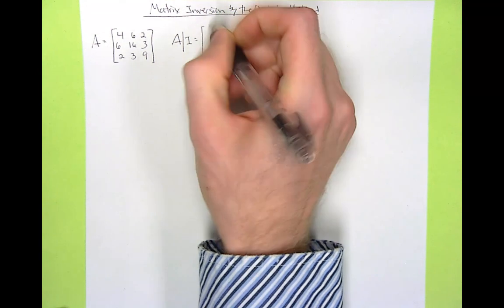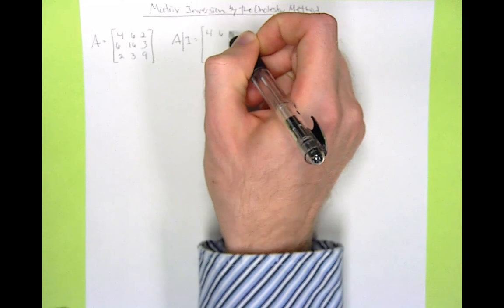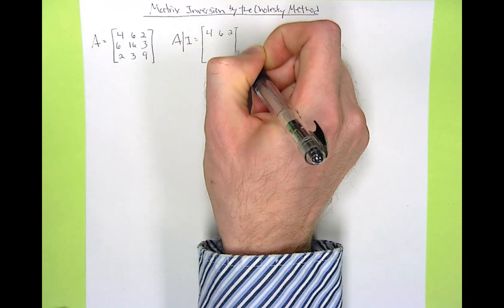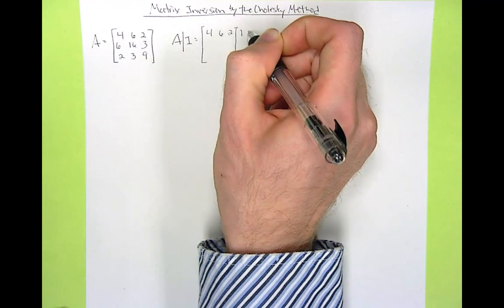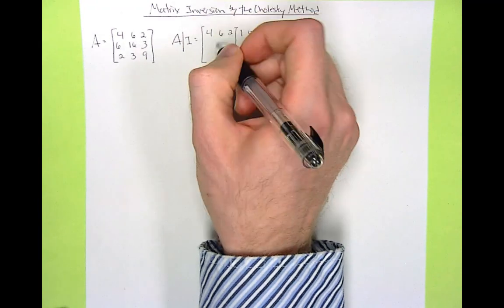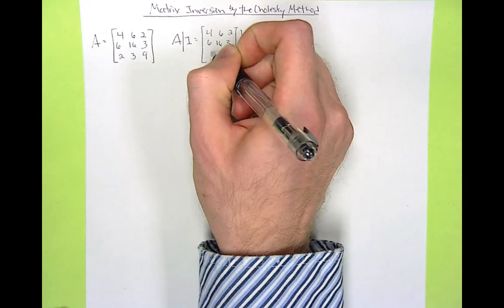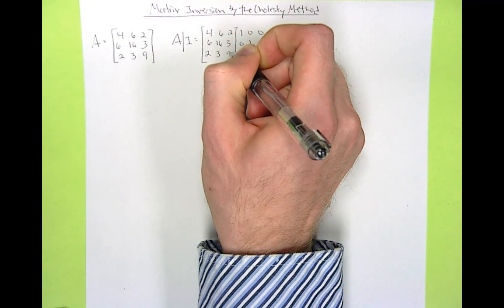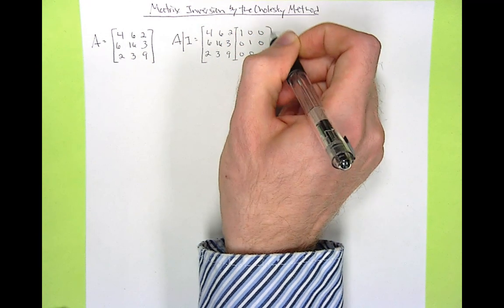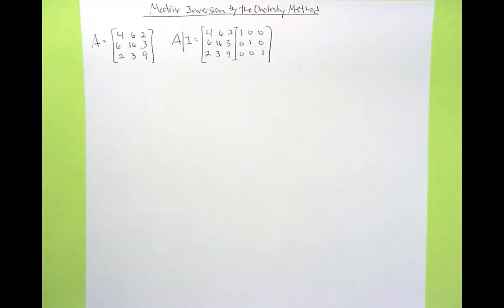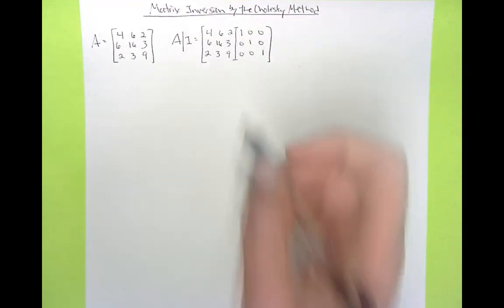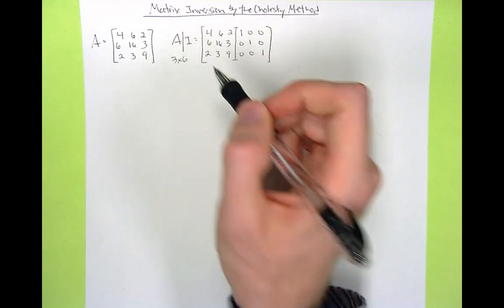So it's going to look like this: 4, 6, 2, 1, 0, 0, 6, 16, 3, 0, 1, 0, and 2, 3, 9, 0, 0, 1. And notice this is a 3 by 6 matrix.